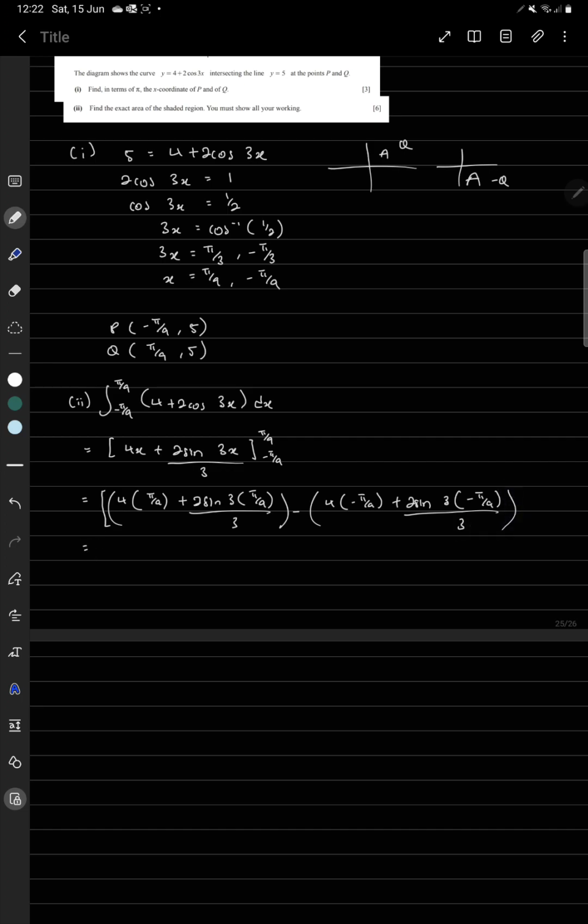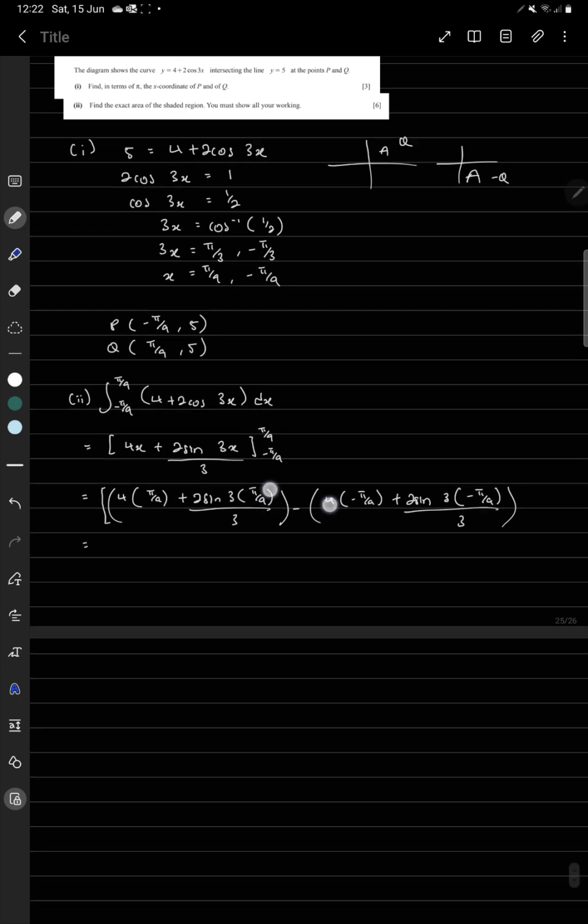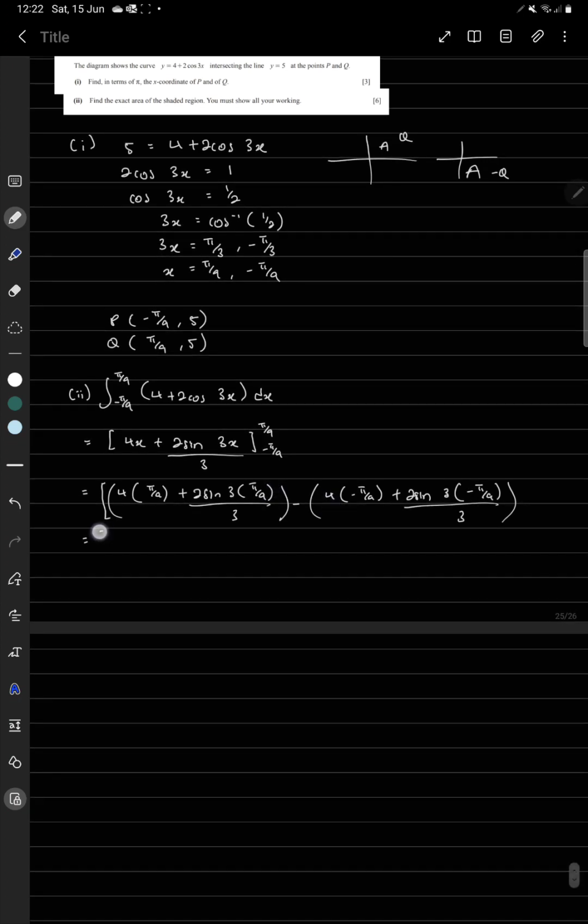Okay, so let's plug everything into the calculator. Wait, it says exact area, so we have to be careful. Now I'm going to have 4 pi over 9. Then for the sine, we're going to have root 3 over 3.